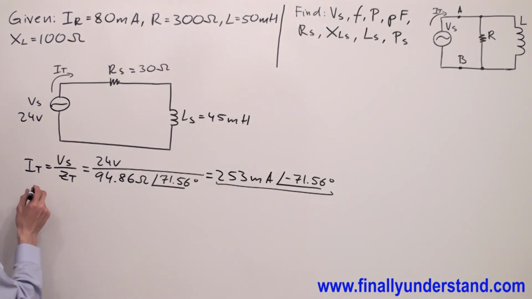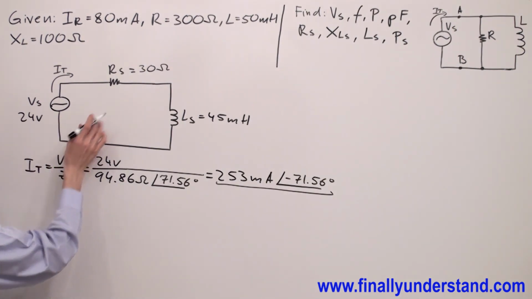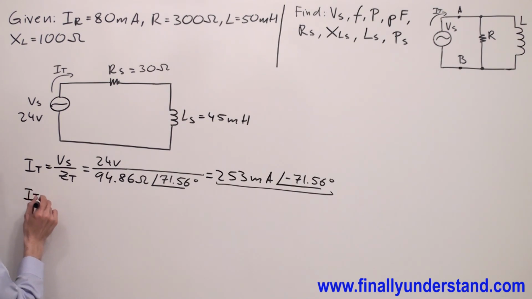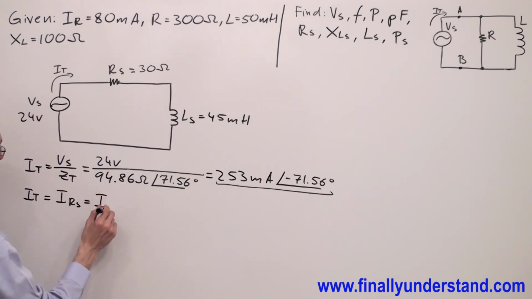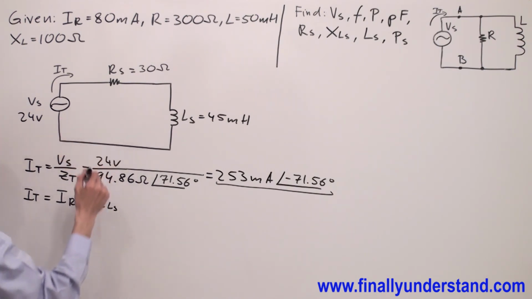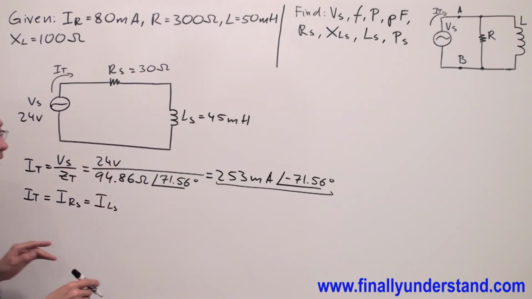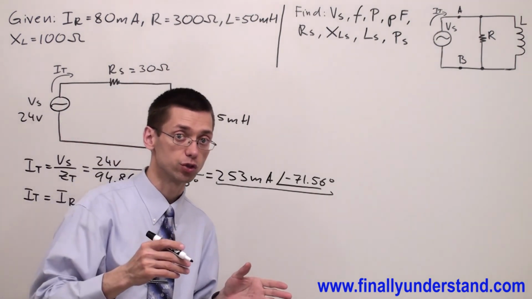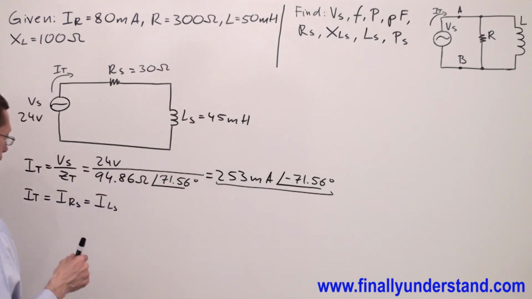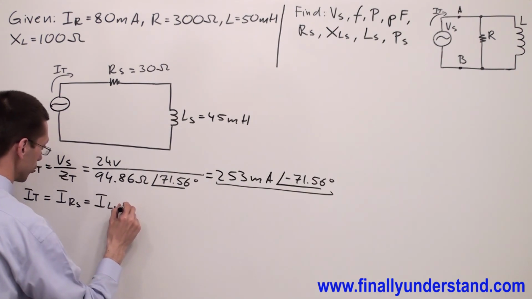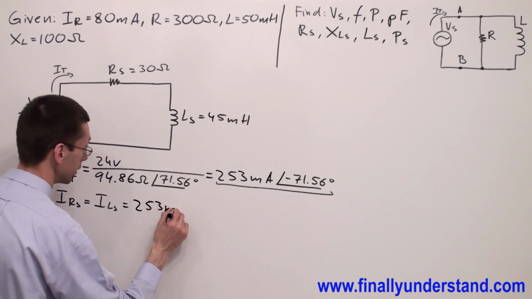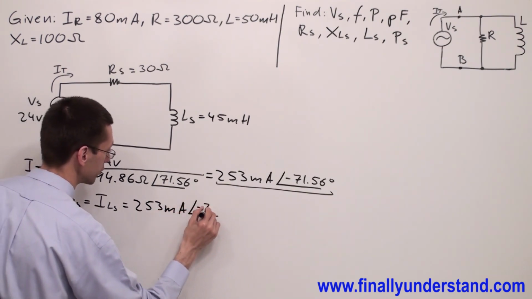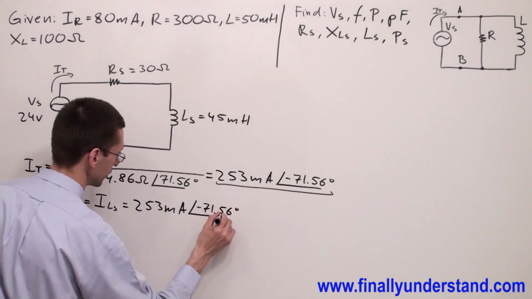You're supposed to realize that if we talk about the series circuit, I total is equal to IRs, and this is also equal to ILs because this is a series circuit. In a series circuit, current is the same at every single component. So this is equal to 253 milliamps at an angle of negative 71.56 degrees.